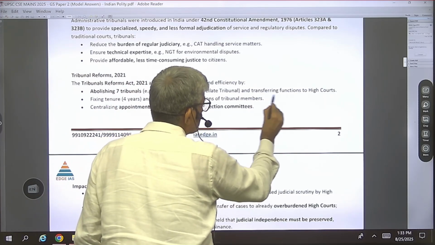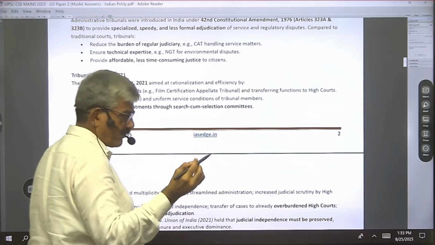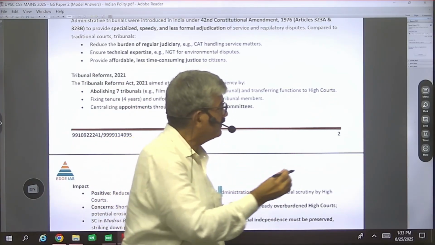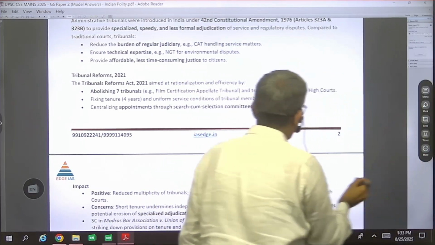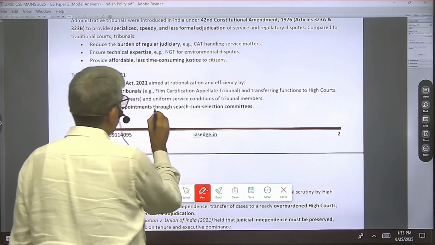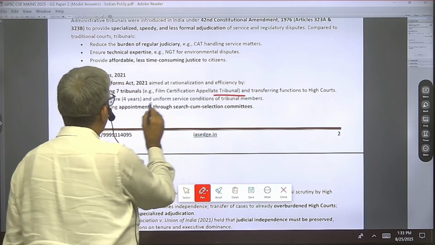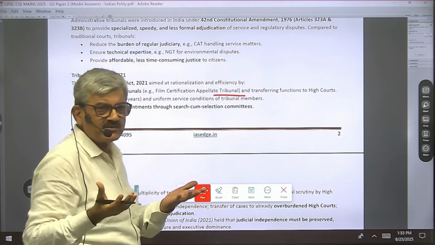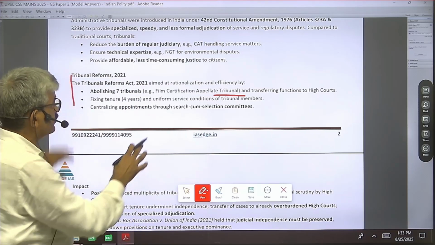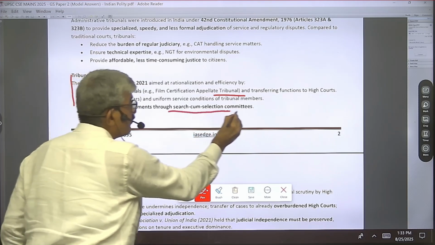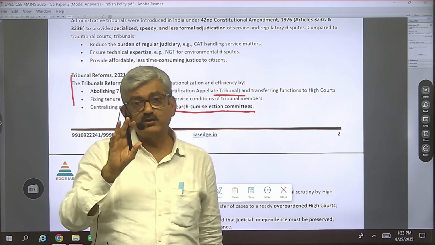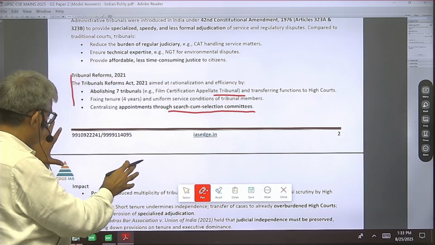So they have transferred the cases to the high courts, mainly because when strict legal issues are involved, the high courts can handle them. Otherwise, by the tribunal. So we know 2 kinds of tribunals. Centralizing appointment through a search-cum-selection committee is the most important reform introduced in the 2021 amendment.